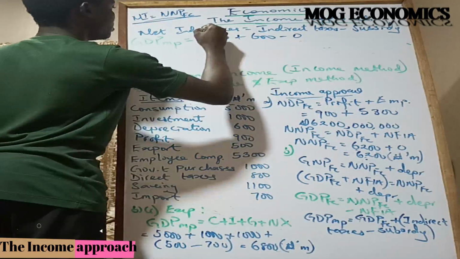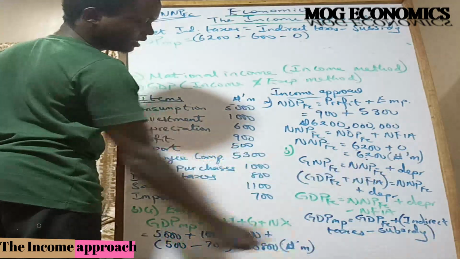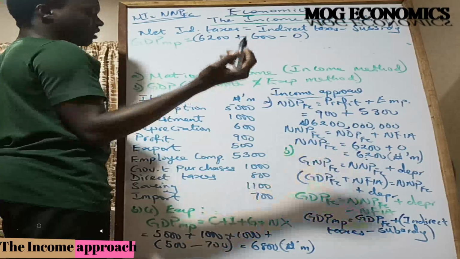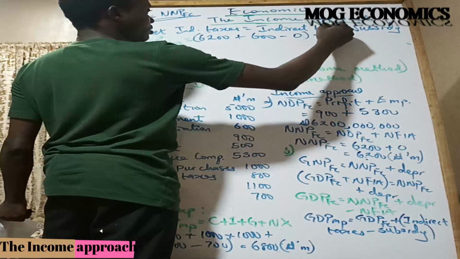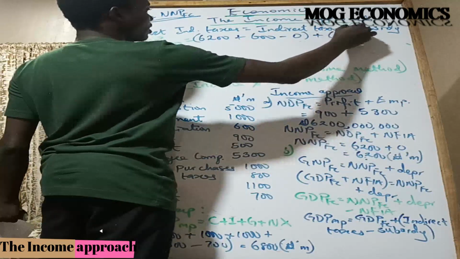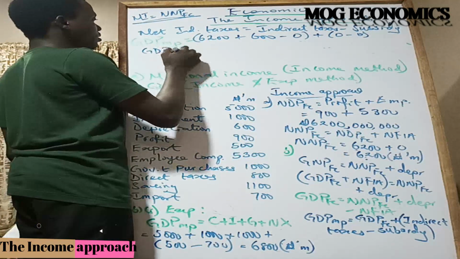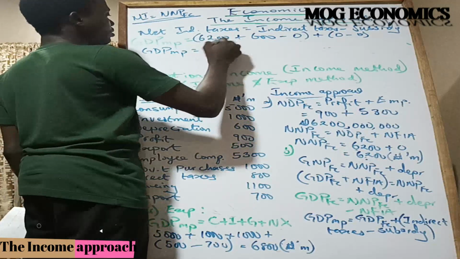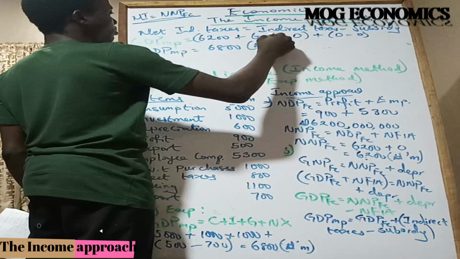So this is GDPFC, then plus indirect taxes. The question said we don't have indirect taxes, so there are no net indirect taxes. So plus zero minus zero. So GDP at market price equals 6,800 as well, Naira million.